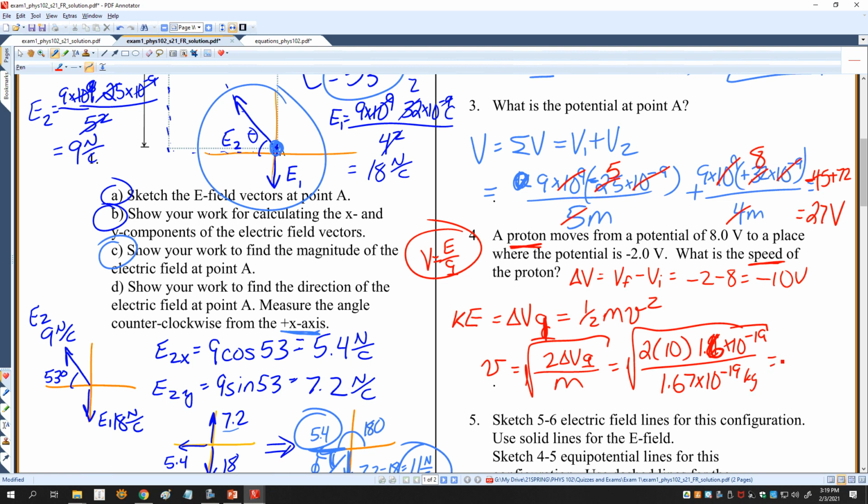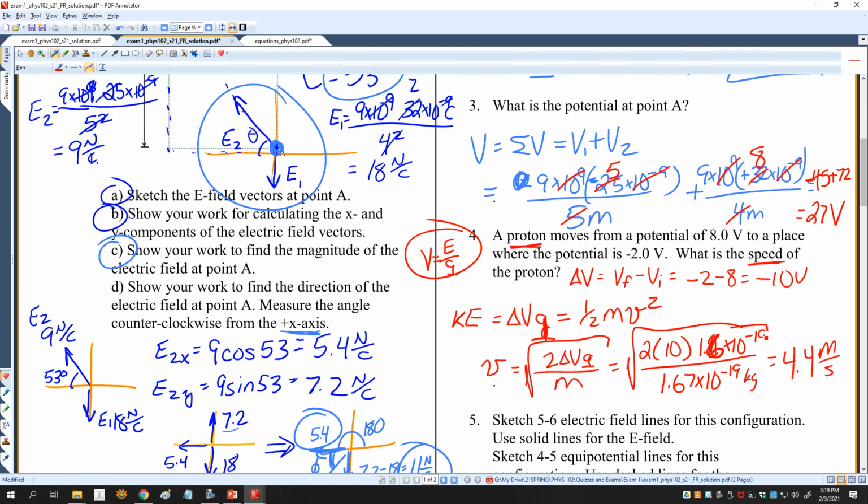All right, so I get 4.4. Yeah, that makes sense. 4.4 meters per second.